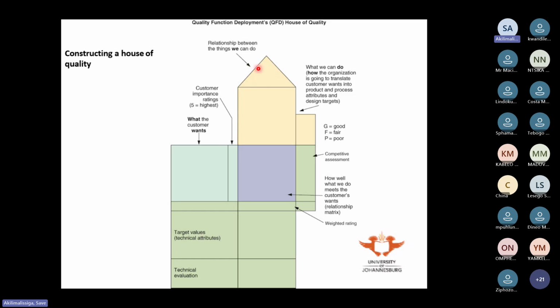Now, on the roof here is the relationship among those relationship levels right here.